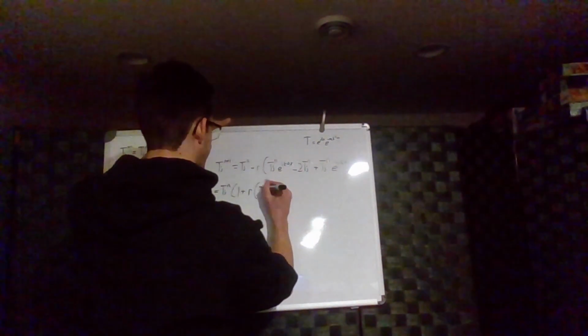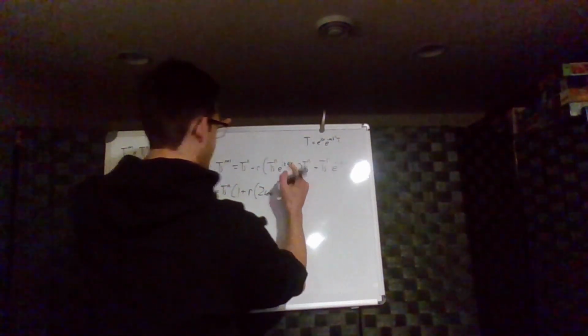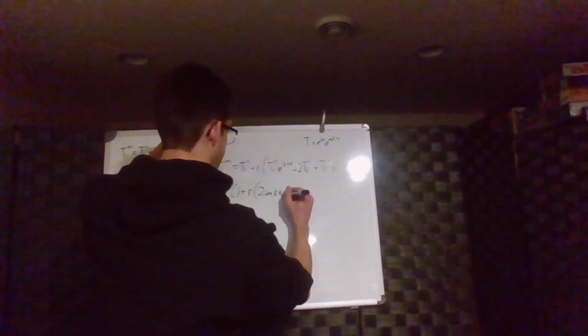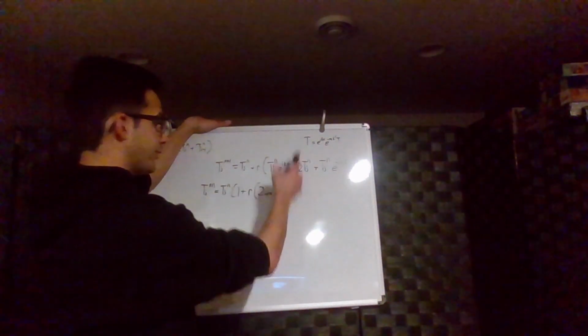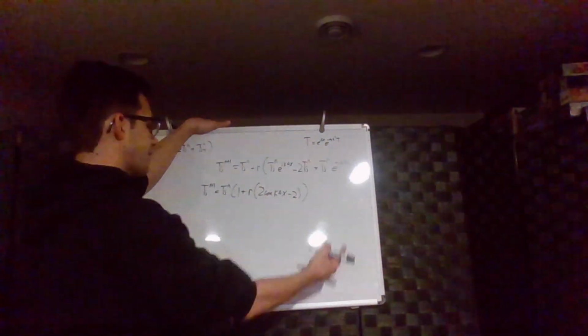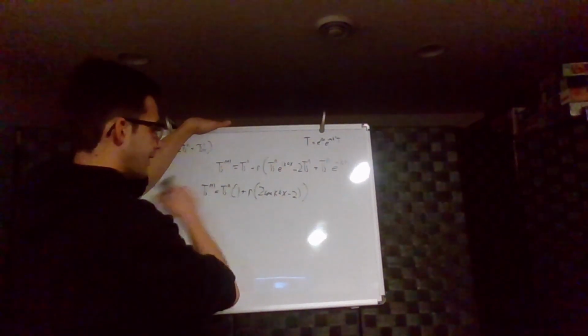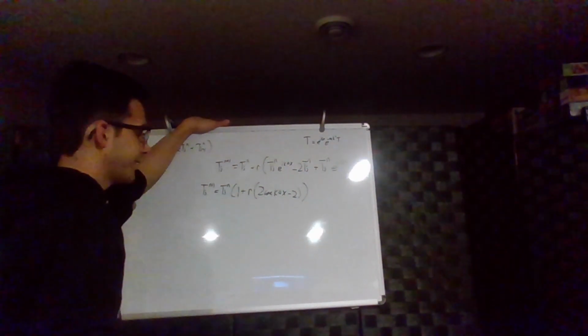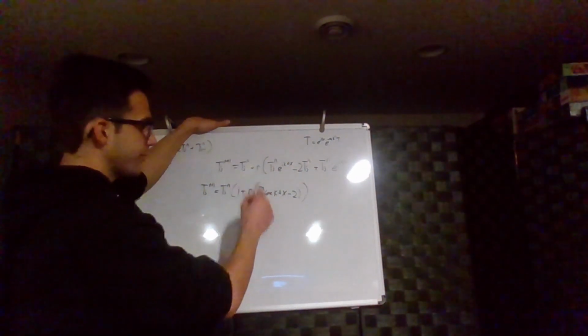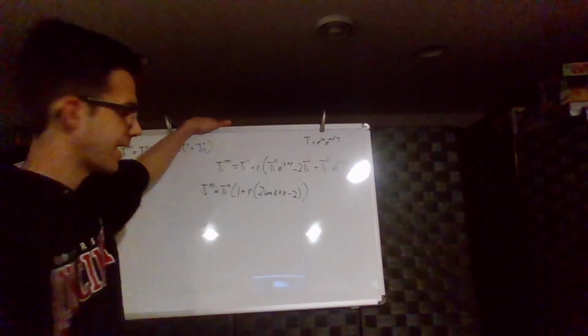We're just going to be left with 2 cosine k delta x minus 2. So when we factor out our Tj to the n and simplify, we're left with Tj to the n, 1 plus r times our quantity 2 cosine k delta x minus 2.